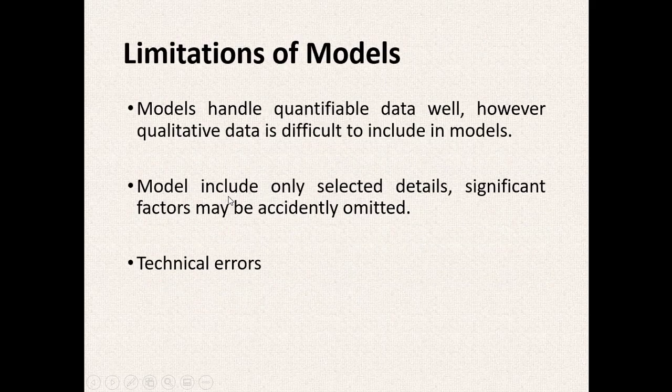In doing so, there's a risk that sometimes significant information, significant factors may be accidentally omitted. You might miss some valuable information since you use your judgment in deciding the model details, so there is a risk.